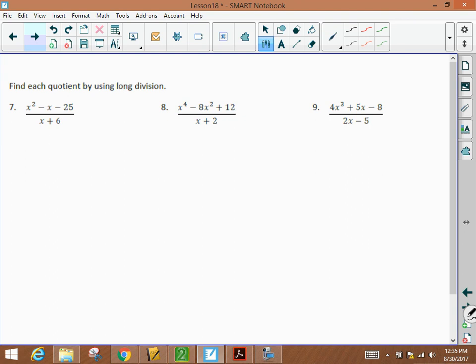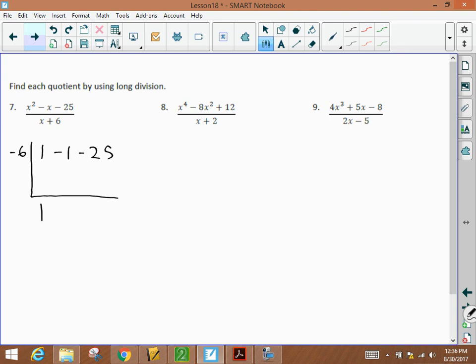Let's keep going. I'm going to go ahead and use synthetic division on this one, just because it's my favorite when you can use it. And I think that it's the one that maybe we need the most practice on. All right. So that's 1x squared minus x, 1x minus 25. Drop that one.